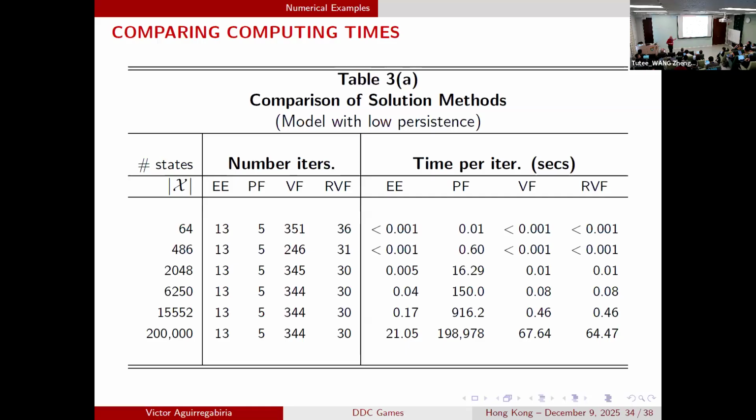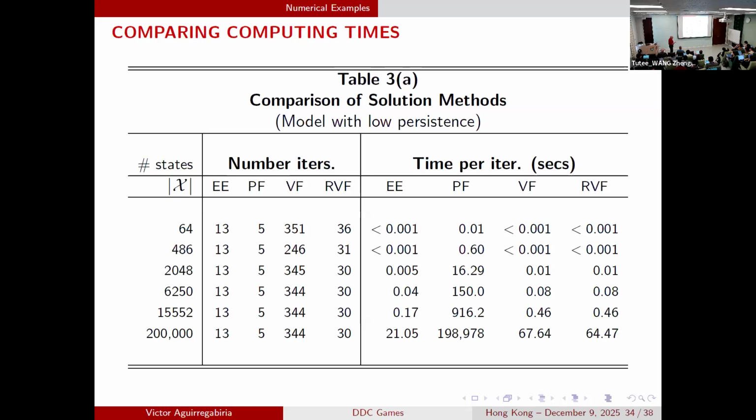We didn't know if that was going to happen for the Euler equation operator, but you can see that this is also the case. We have results that I'm going to present later, we have also for 1 million now. Okay, that's good. We don't need additional iterations when we increase the dimension of the state space.